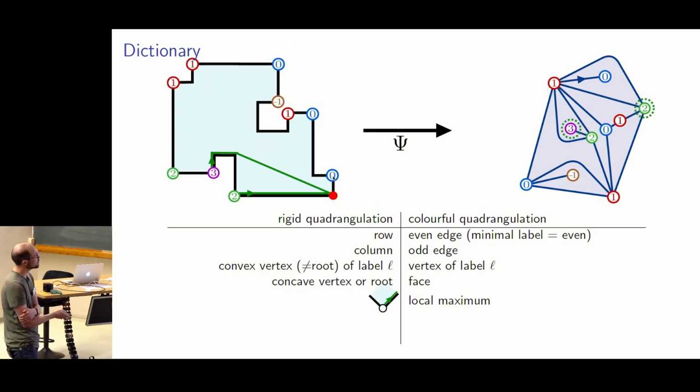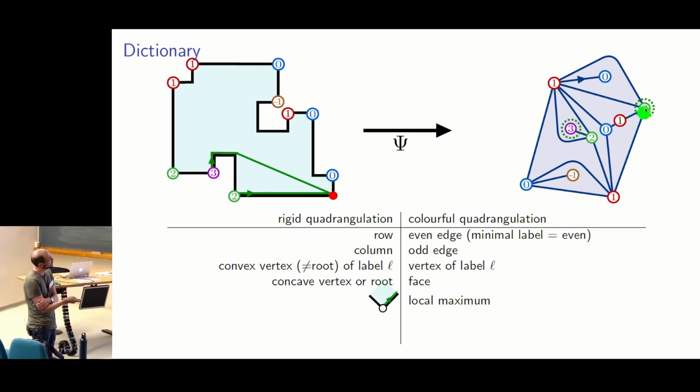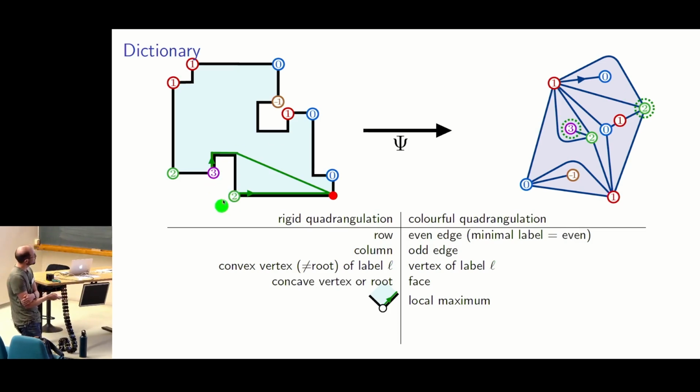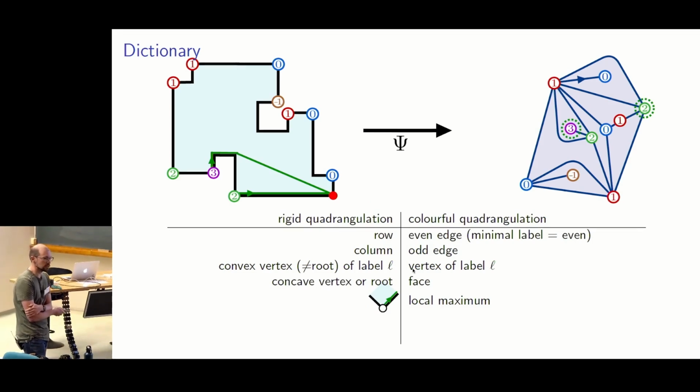So here's one example. A natural statistic that was indeed studied by Mireille and Andrew is the number of local maxima of the labeling. But the local maximum corresponds on the disk side to the situation where the shortest path to the root follows the boundary in counterclockwise order.